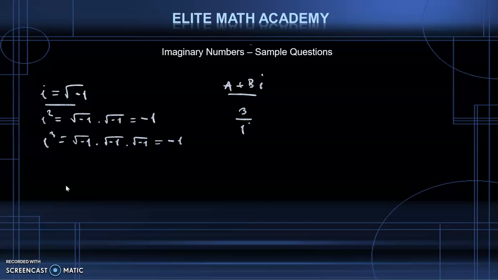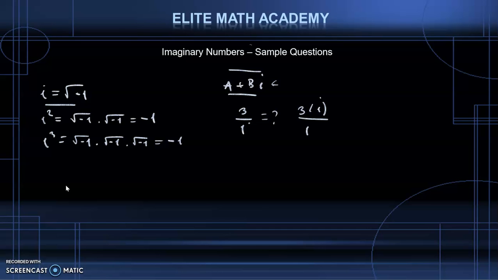What do we need to do to solve this? Since the a + bi format is asked, and for this question, a is 0 because there's no constant. But in order for us to convert it into this format, we will have to multiply the denominator and the numerator by i.